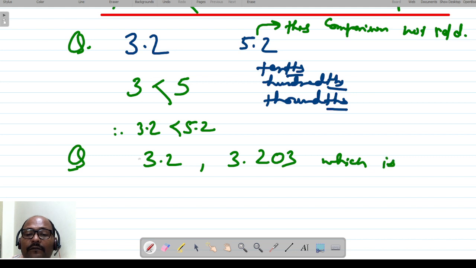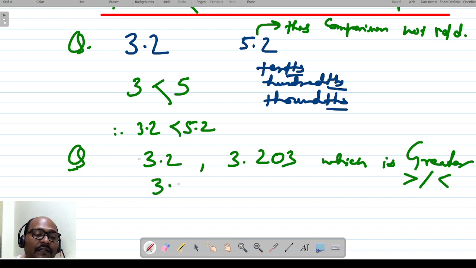Which is greater or lesser, right? So as I said, how do we compare the two numbers? We write 3.2, and we put the decimal below the decimal, and then 3.203.